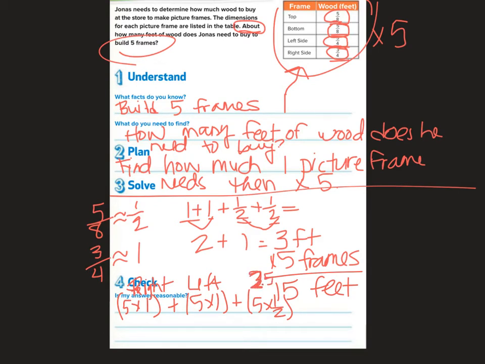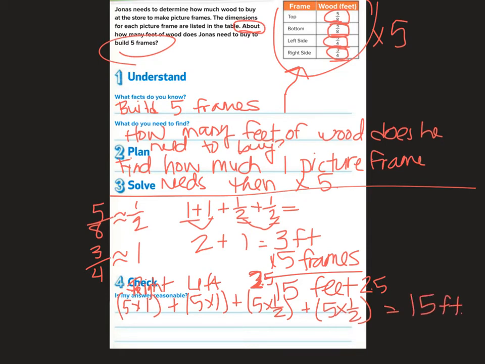All I did is I said, what is half of 5? Half of 5, 2.5, right? Plus 5 times 1/2, which is again the top and the bottom, which is again 2.5. So if I take my 2 2.5s plus my 2 5s, I would get 15 feet.